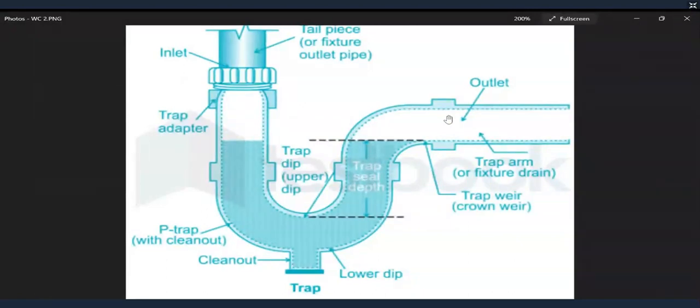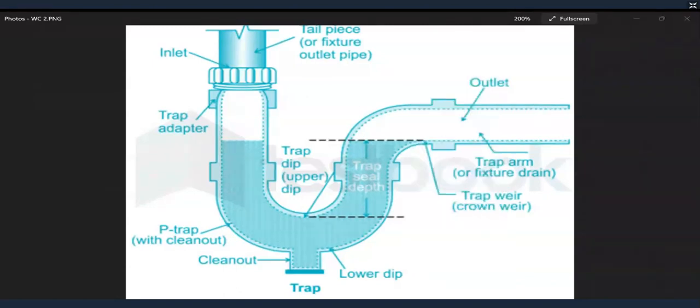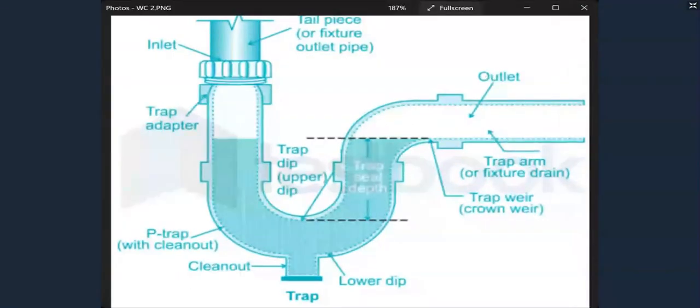So if we have gases, I hope you can see the gases accumulate around the outlet area, on the left.